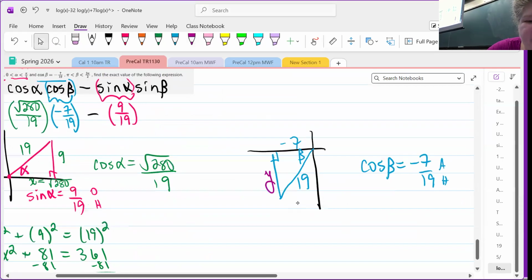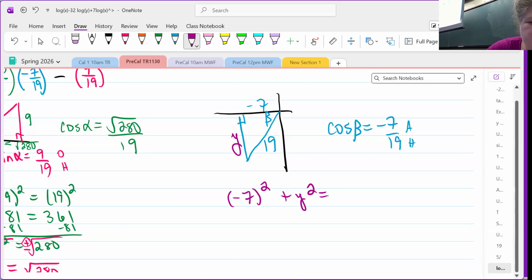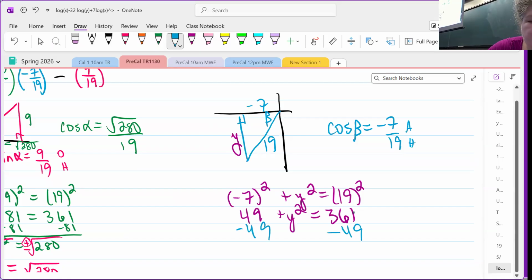I need to figure out my third side, so another Pythagorean theorem. Negative 7 quantity squared plus y squared equals 19 squared. So 49 plus y squared equals 361, minus the 49.